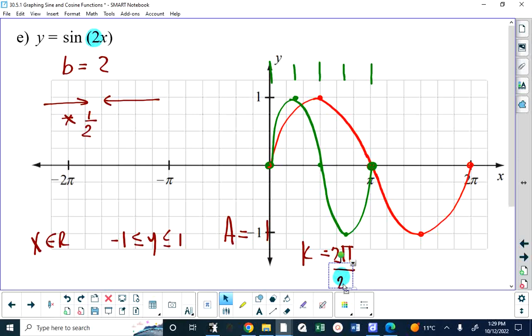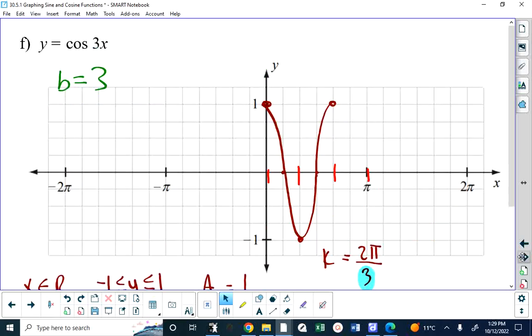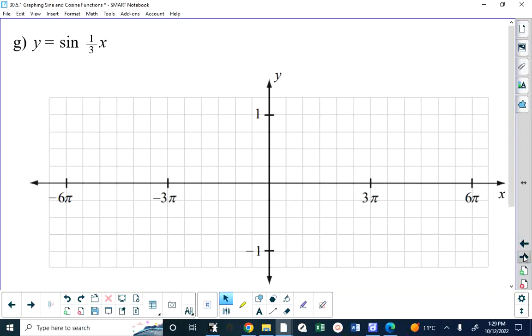So let's try f and g, or g and h rather, without actually writing out a graph. What is the domain? I hope you understand that we can't do anything to these graphs to change that fact. It's any real number. Since we have a coefficient of 1 in front of sine, the amplitude is 1.